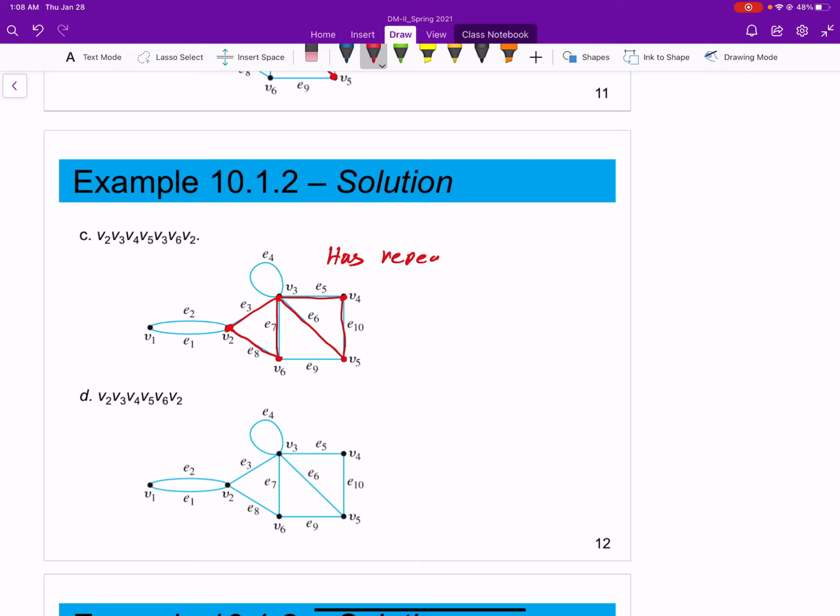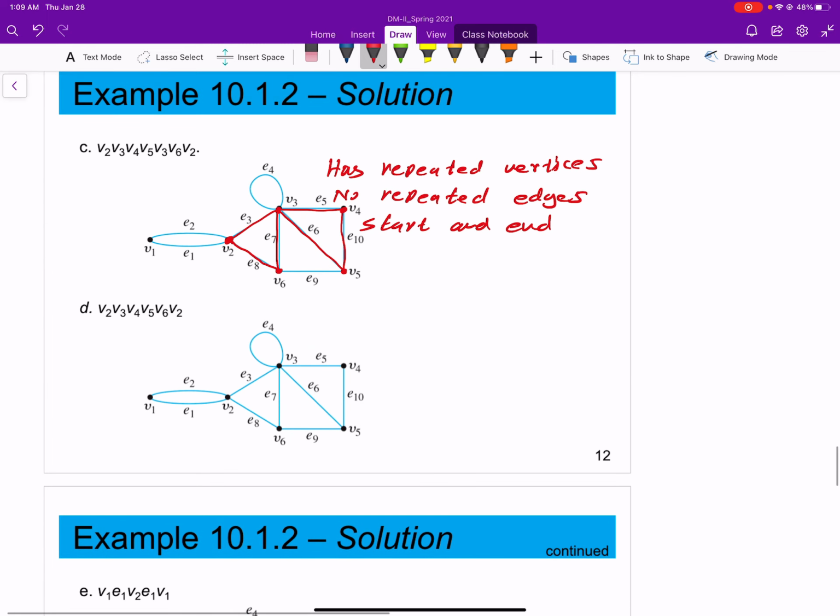Start and end are the same. All right. So this is actually a circuit, right?